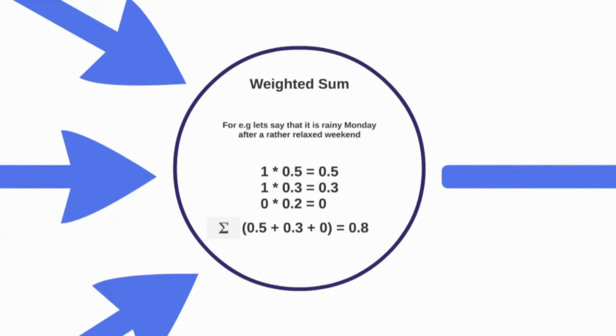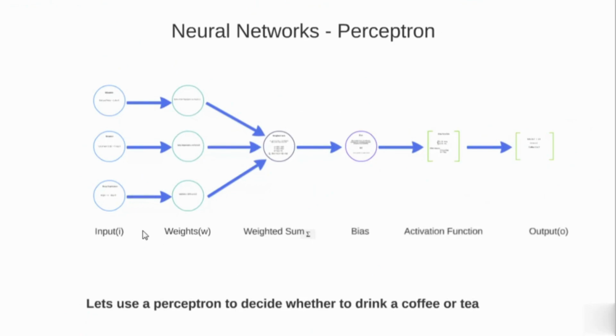Let's zoom out now. So far we have input, we have weights, we have weighted sum. Excellent. Now what we're gonna do is we're gonna see what is a bias. Now bias has many functions. One of the functions is to force an output. Another function is to influence the next stage, which is the activation function, among many others.